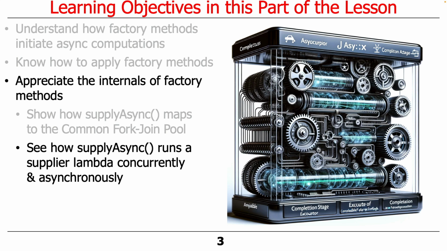By the way, I asked ChatGPT to generate an example of the internals of factory methods with the Java CompletableFuture framework. And it came out with a pretty cool diagram, but one of the funny things about trying to use ChatGPT, it's actually DALL-E 3, is it just has the hardest time trying to come up with the correct labels for things.